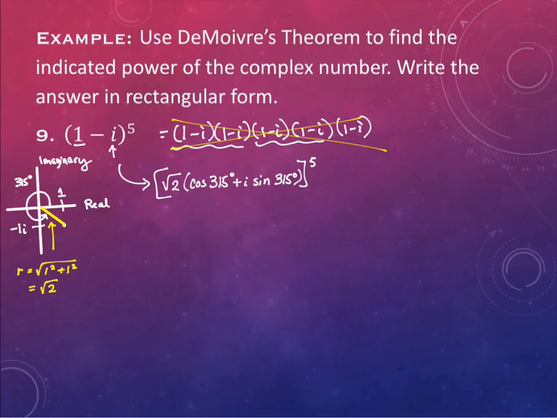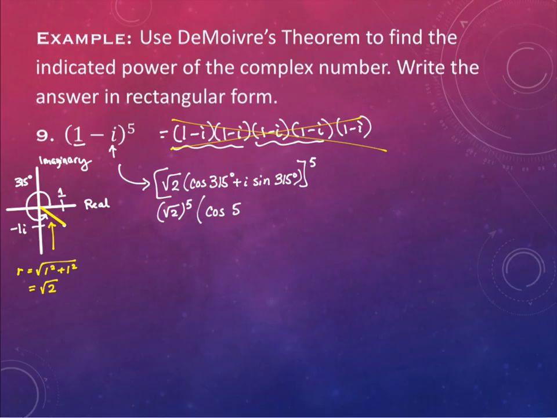So what does de Moivre's theorem say that I'm going to do with, let's just talk about the square root of 2? What's the square root of 2 going to become? Square root of 2 to the 5th, which will simplify, but let's save that for another step. So it's just square root of 2 to the 5th. And then what's going to happen to my angles? We're going to multiply them by 5, which means they're going to get really big, right, Shaylin? Yes, they are.